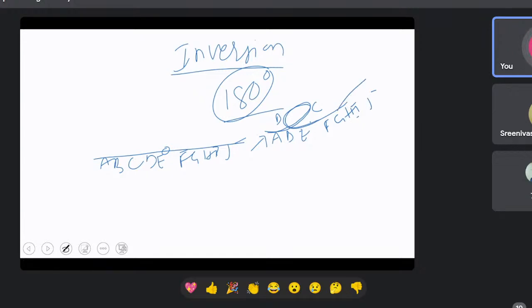So after this, what happens? Here two breaks occur where it got twisted. Two breaks followed by fusion occurs.